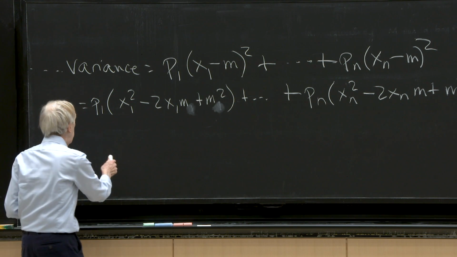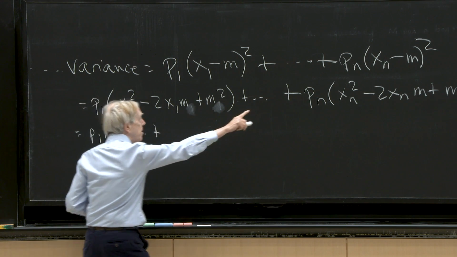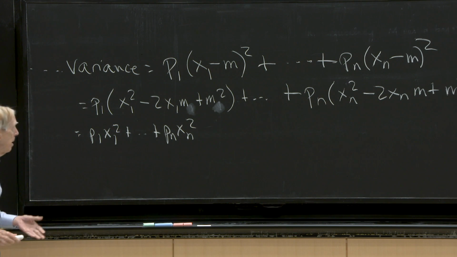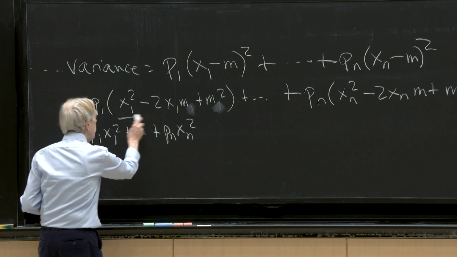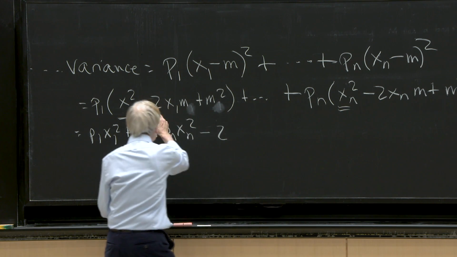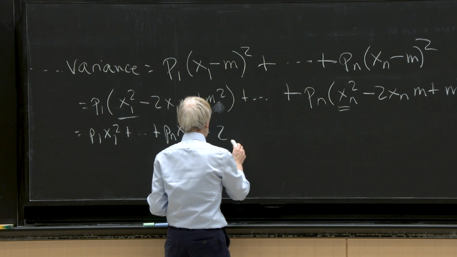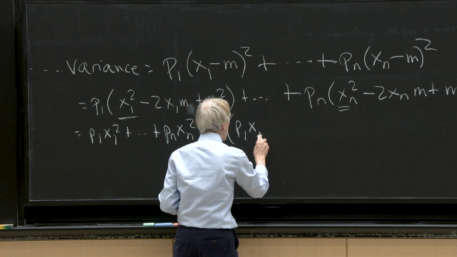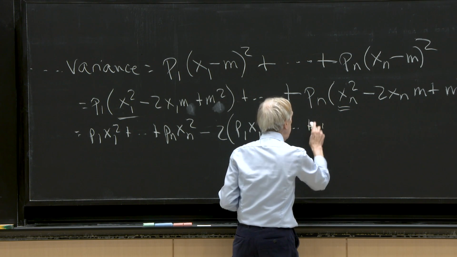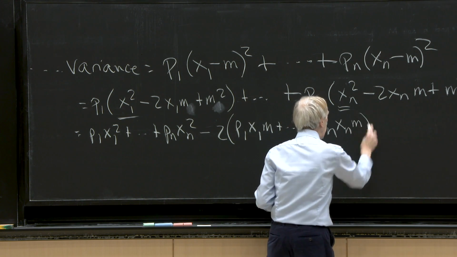Okay, can we take that sum? So I get p1 x1 squared. If I take the first guys, so I've accounted for this and this, and now I'll take minus 2 p1 x1 m plus pn xn m.